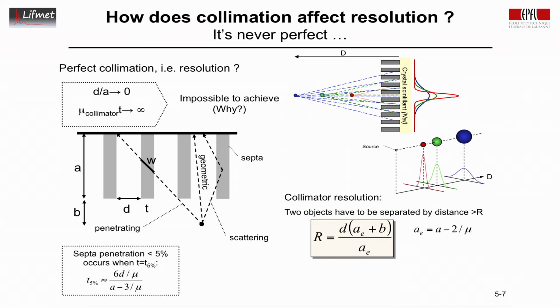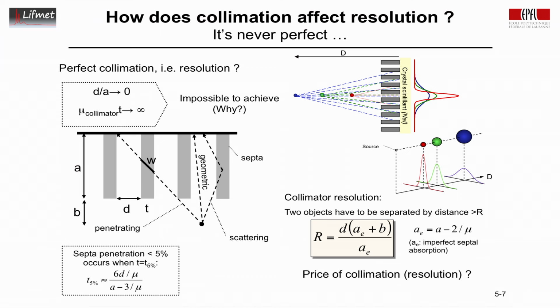Basically, if we pretend the linear attenuation coefficient goes towards infinity, then this is indeed the geometrical length of the septa, but in reality it's a bit shorter than that. So this expression takes into account that the septal absorption is not perfect. That's what is going into the equation here.